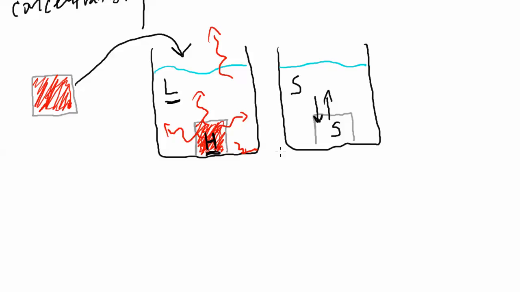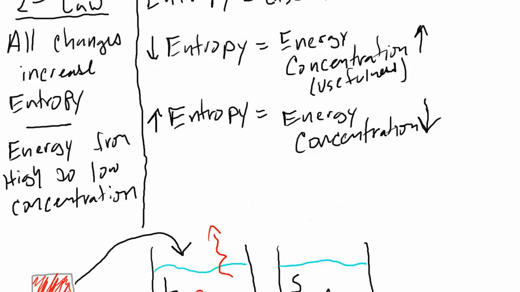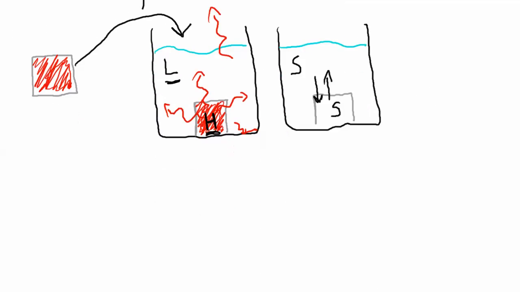And so when we're done, we have higher entropy, the energy is less concentrated overall, and some of the energy's actually left the system due to the nature of the water touching the air and the beaker and things like that. So that's the second law. Changes increase entropy, and the energy is going to move from a high concentration to a low concentration always.